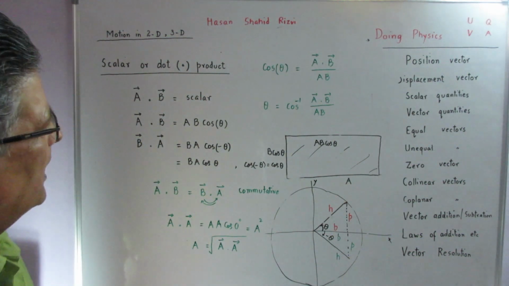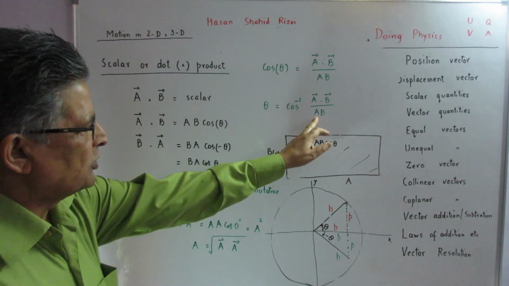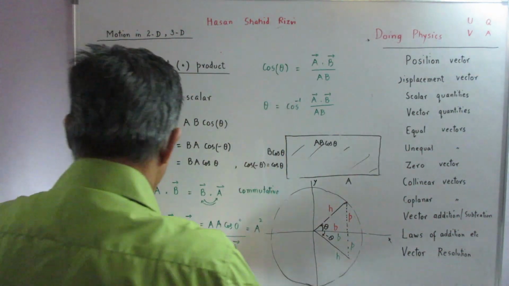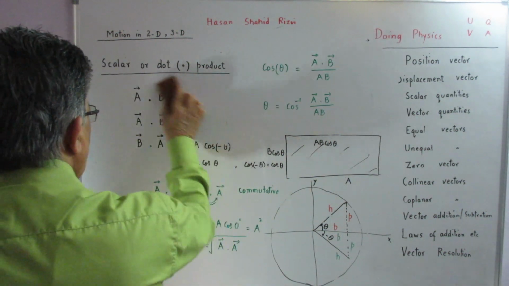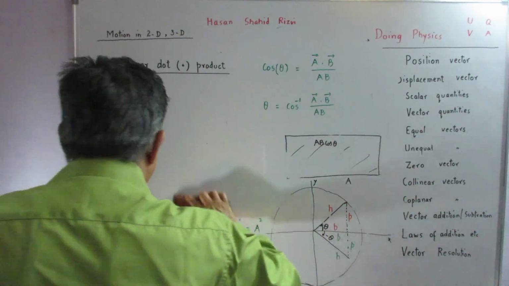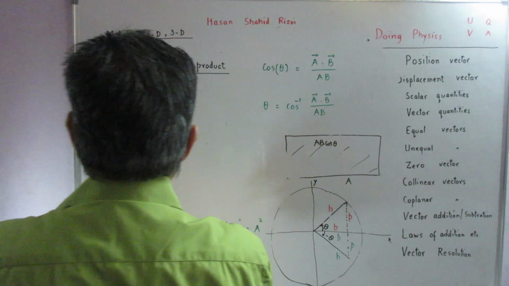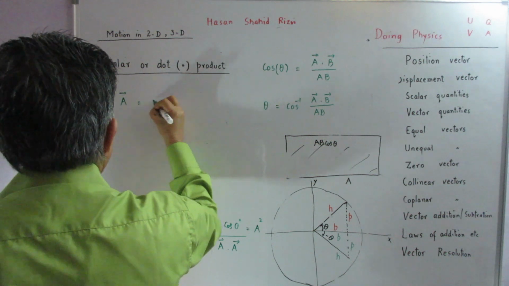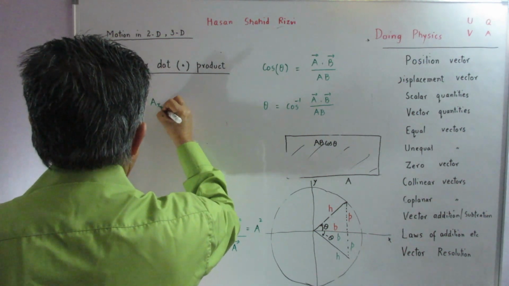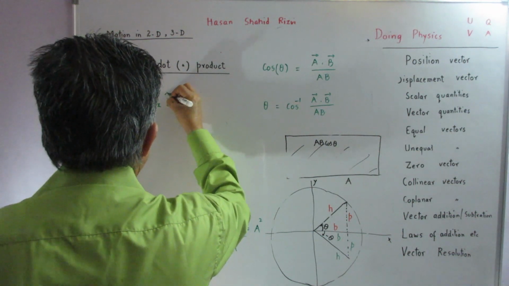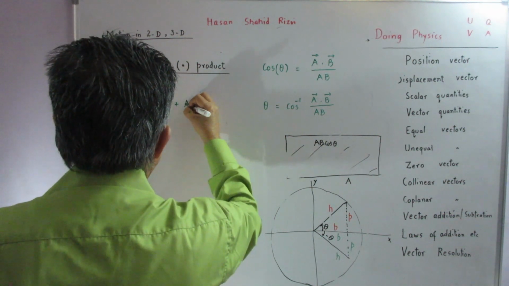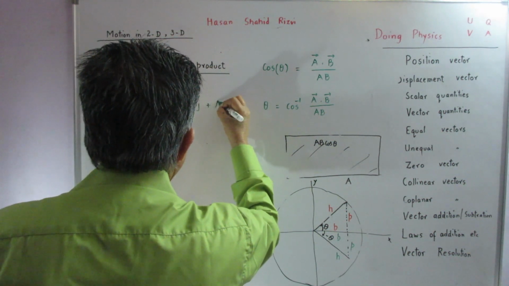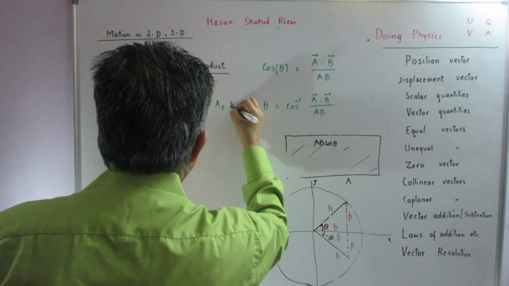So we can calculate, of course, the value of A, value of B by the formula that we had. Okay, for example, I'll take a bit more time. If I write that there is a vector A which has a component in the x direction, AX I cap, plus AY, the component along y direction, J cap, plus AZ K cap.